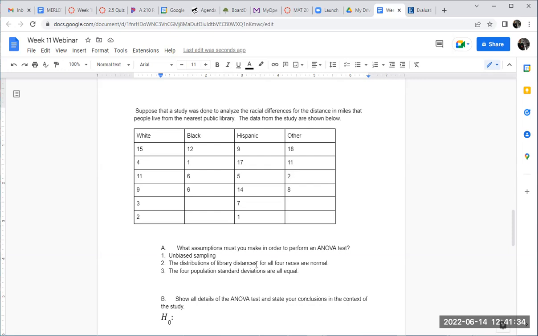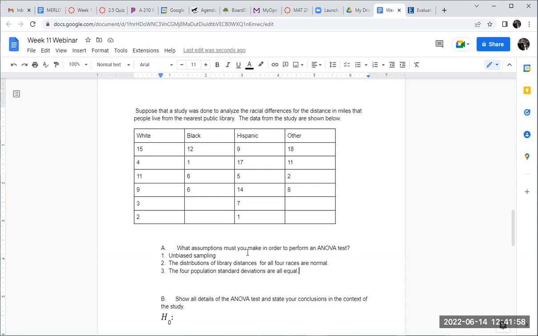Distributions, they're normal. I doubt they're normal. So right away, you should worry a lot. I doubt that distributions from the library are normal. My guess is it would be skewed right. You think about that? Libraries tend to be in dense parts of the population, part of the city.